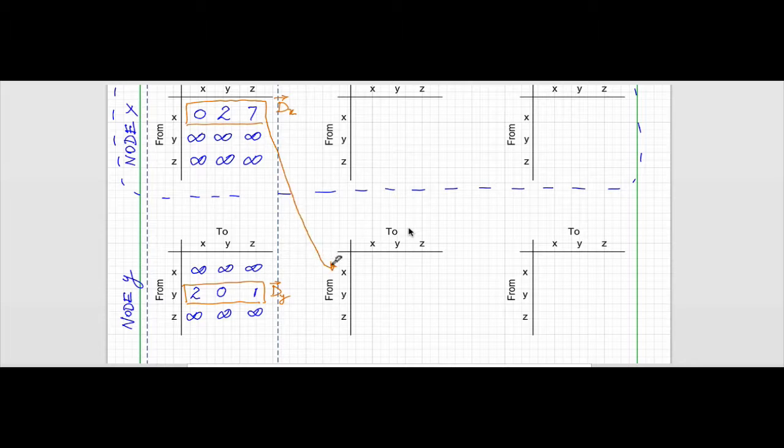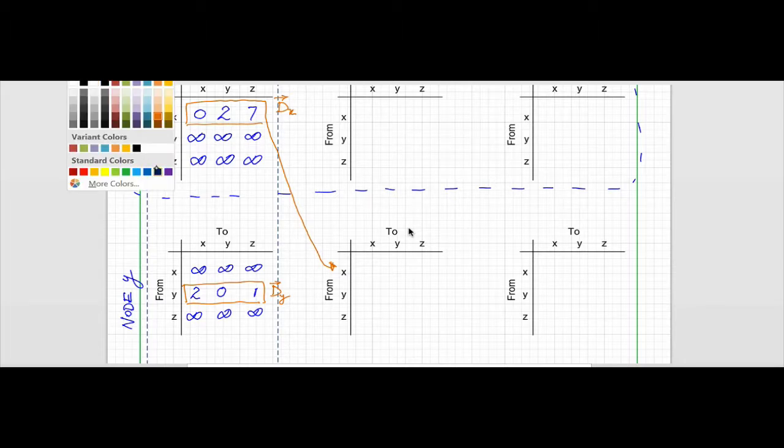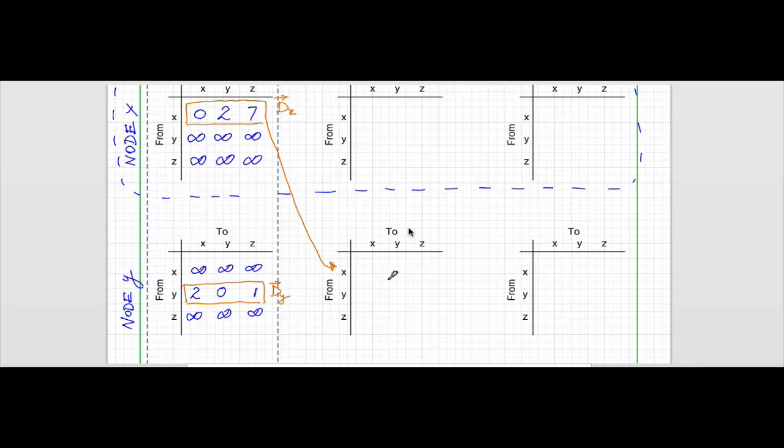So Z receives this message from X, and in this second step, it's going to receive the message that says 0, 2, and 7. That's what X tells Z.